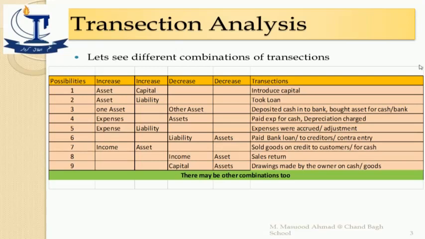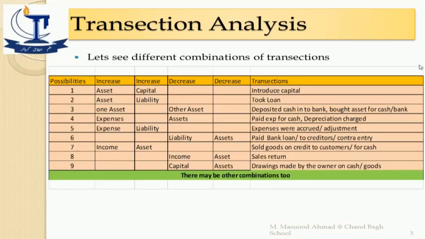How does it come? When you sold goods to your customer on credit, you haven't received cash; or if you sold for cash, you received your cash, cash will increase and your income also increases. When you made a sale, you have to record somewhere that you have sold goods for cash or on credit.